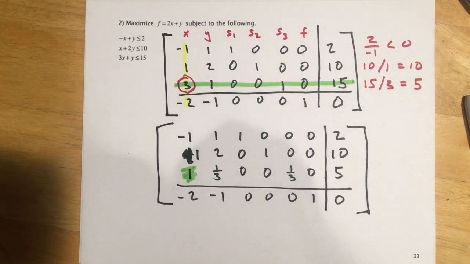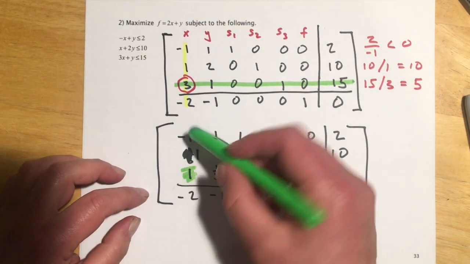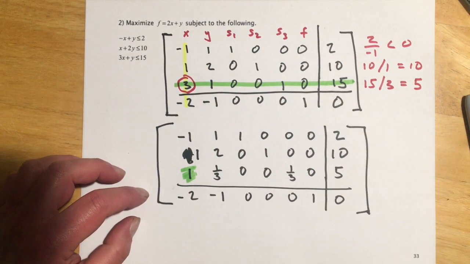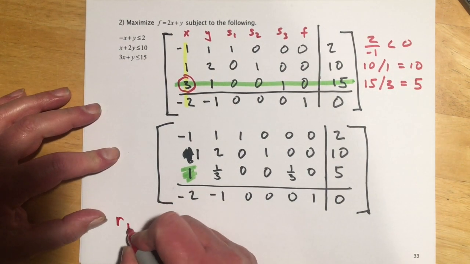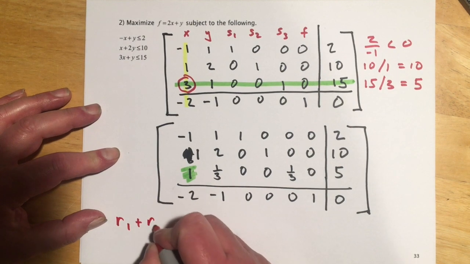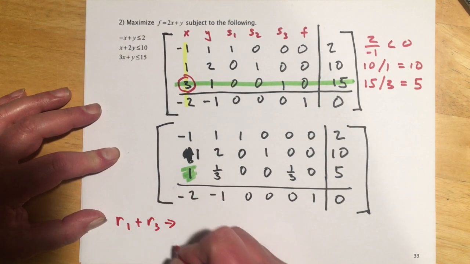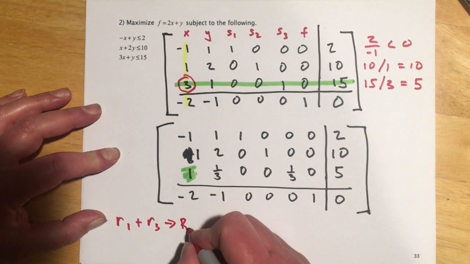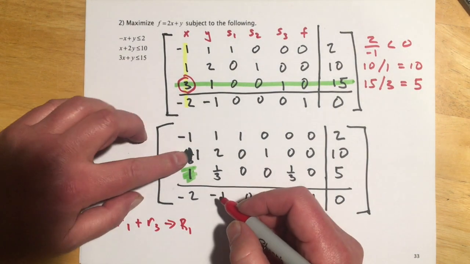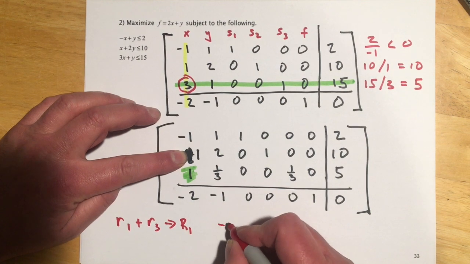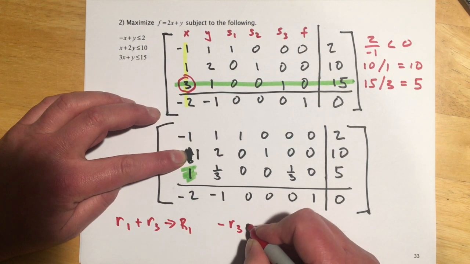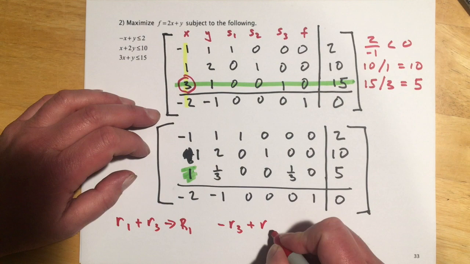So now I'm going to use this pivot right here, which is my row 3, to knock out these 1s and that -2 down there. So we're going to have row 1 plus row 3, and that's going to make our new row 1. And then we'll go negative row 3 plus row 2.